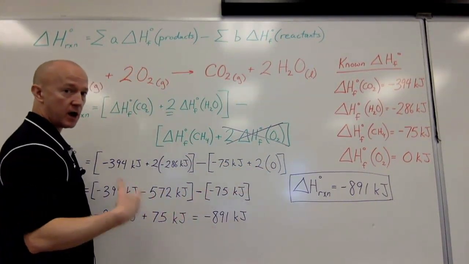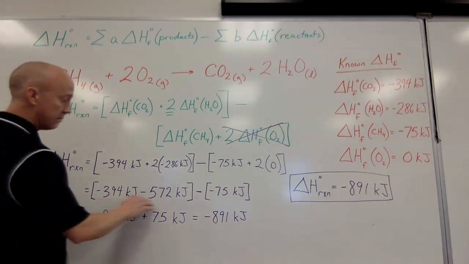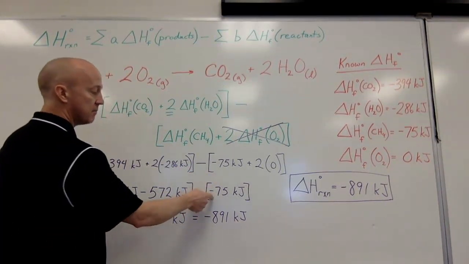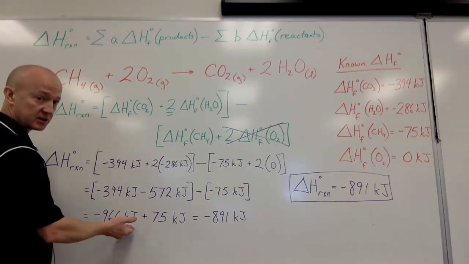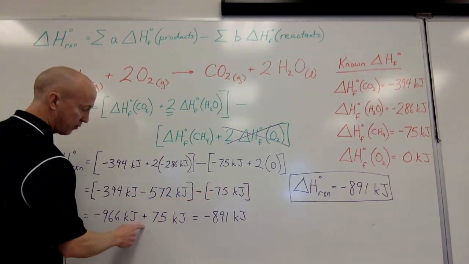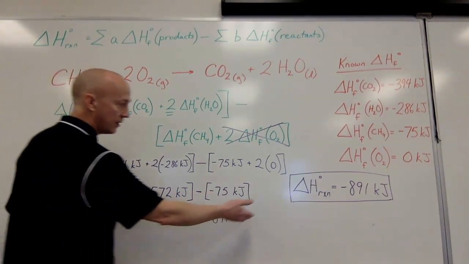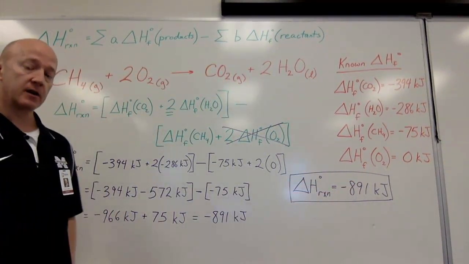There's nothing for oxygen. We simplify and we get negative 394 minus 572. That's our products, minus 75 kilojoules. So negative 966 kilojoules plus, right, negative of a negative, plus 75 kilojoules gives us negative 891 kilojoules for our heat of reaction.